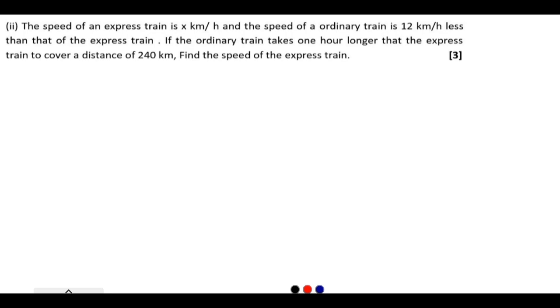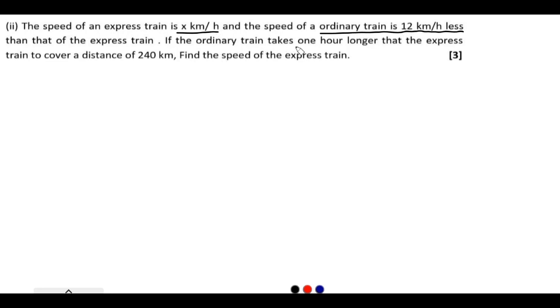Second part, it is from quadratic equation. The speed of an express train is x km per hour and the speed of an ordinary train is 12 km less than that of the express train. Means, if the speed of the express train is x, then the speed of the ordinary train is x minus 12.